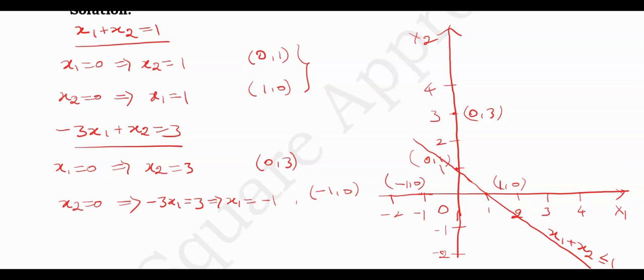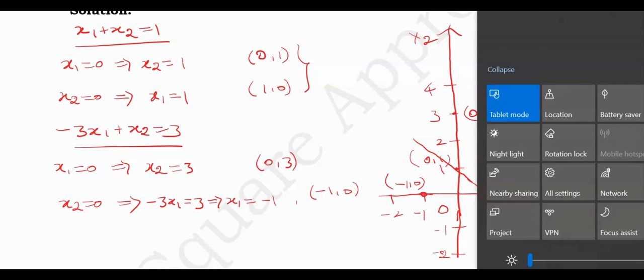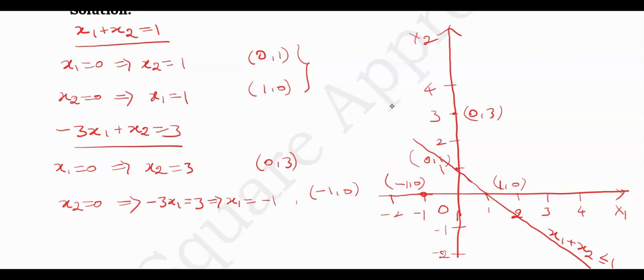Now we will join these 2 points by a straight line, and the name of this line is minus 3x1 plus x2 greater than or equal to 3.